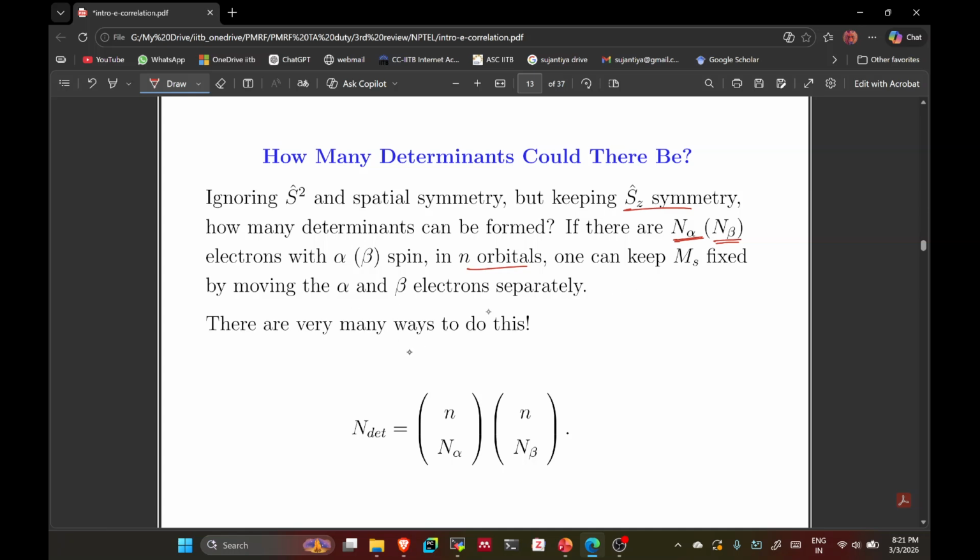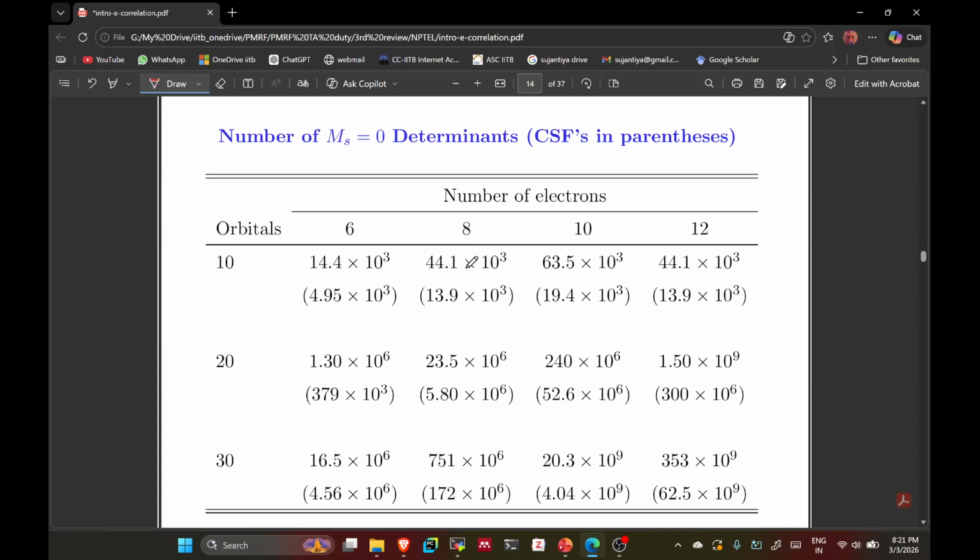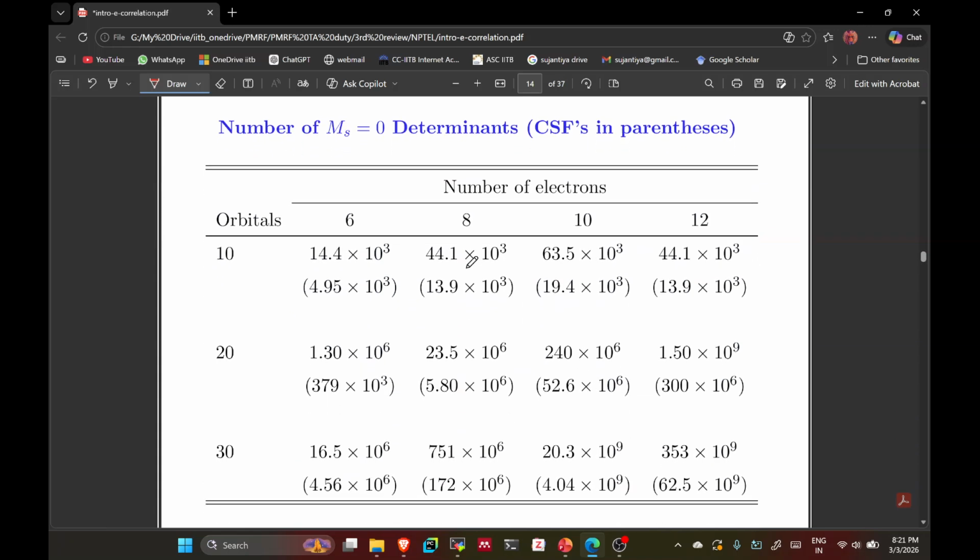So how many ways can you do it? You have N orbitals in total, so you can take N choose N alpha times N choose N beta. This is the total number of determinants you have. Now let's look at the numbers here. Let's say you have 6 electrons and 10 orbitals.